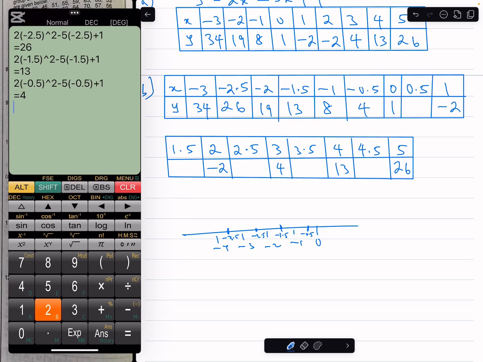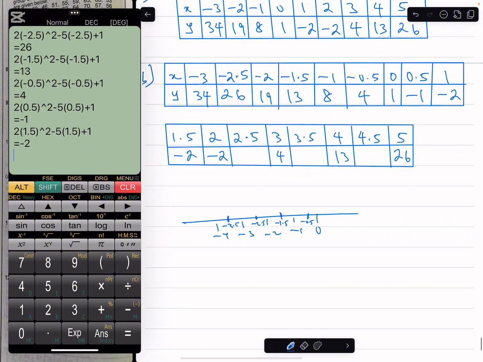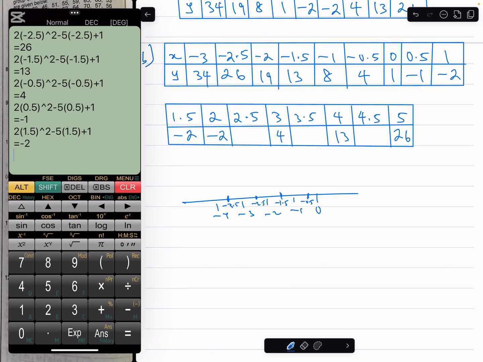When x is 0.5, y is 2 times the square of 0.5 minus 5 times 0.5 plus 1, and that's minus 1. When x is 1.5, y will be 2 times the square of 1.5 minus 5 times 1.5 plus 1, which is minus 2. That's correct.